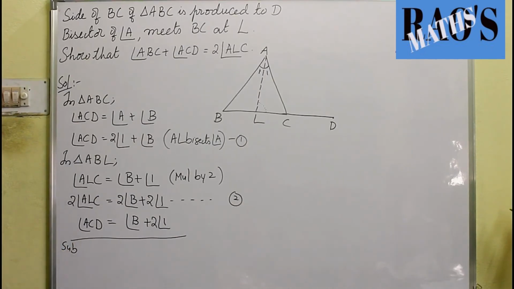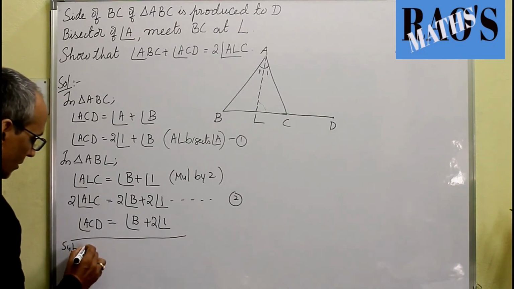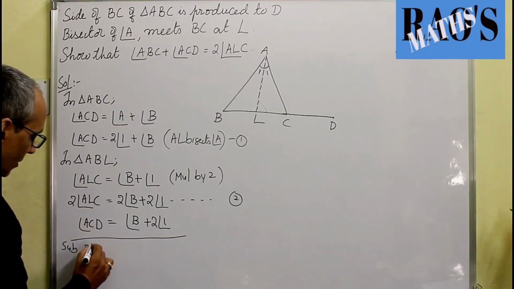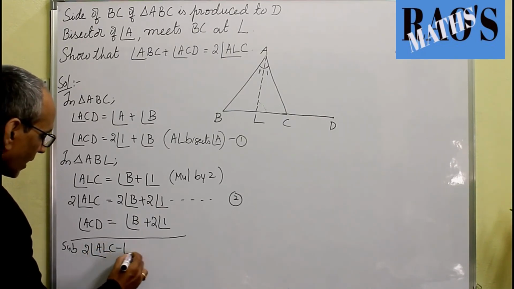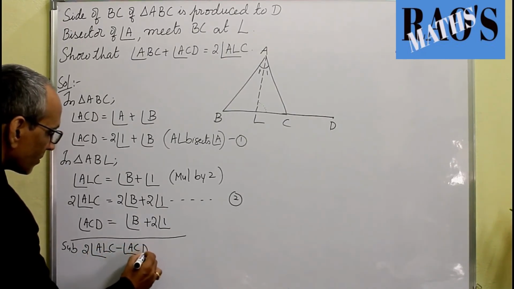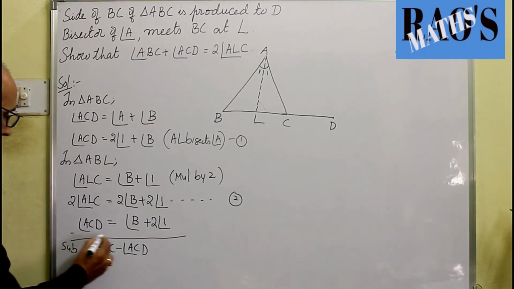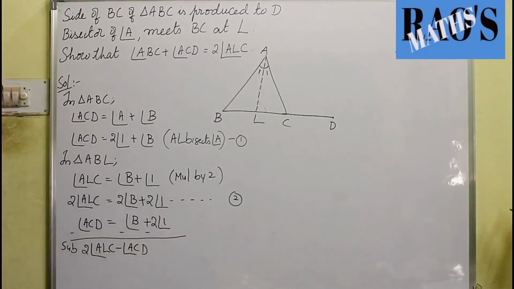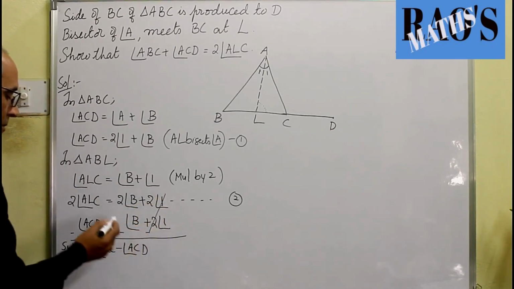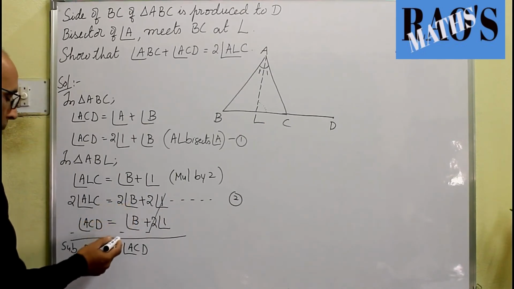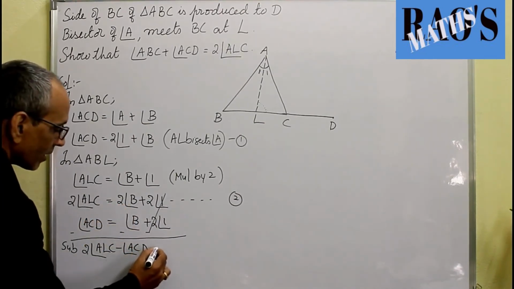What do I get? 2 times of angle ALC minus angle ACD. You know the change of the signs. Plus 2 times of angle 1 minus 2 times of angle 1. Plus 2 times of B minus B, I remain with angle B.